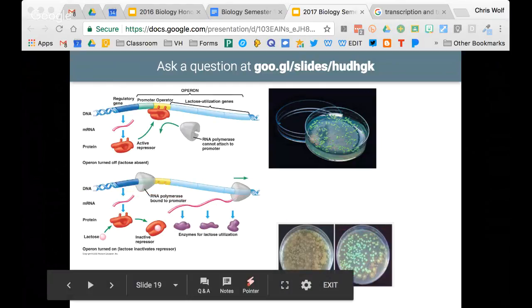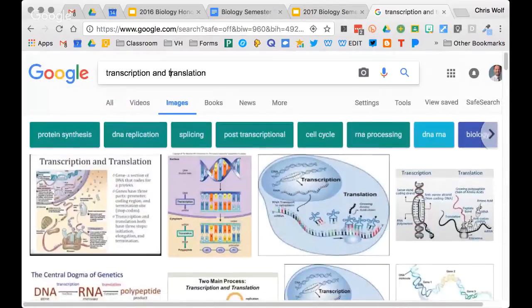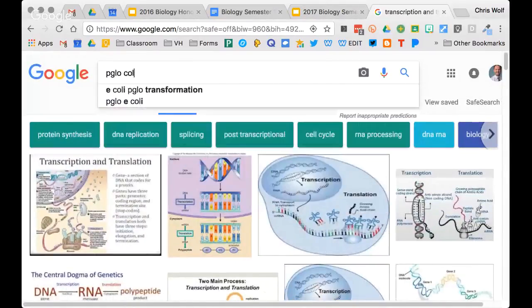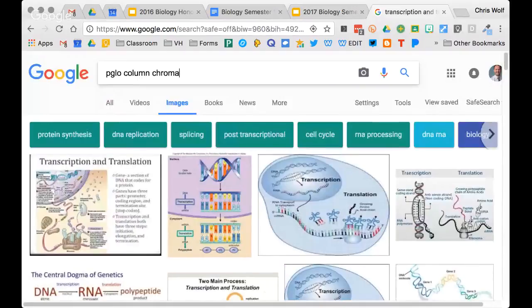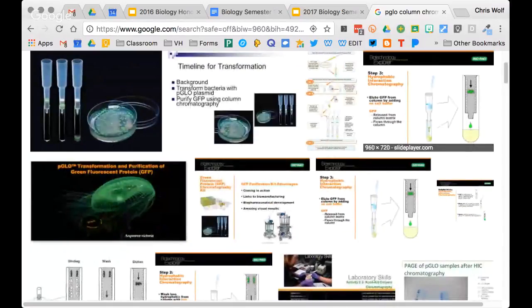Now, column chromatography, I didn't put that in the slide, so let me go find a picture of that. Glow column chromatography. That's not so great. There's a better one.